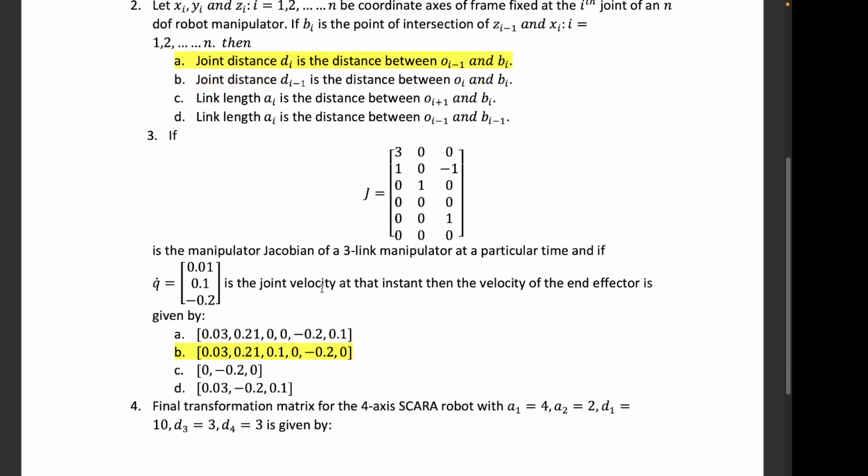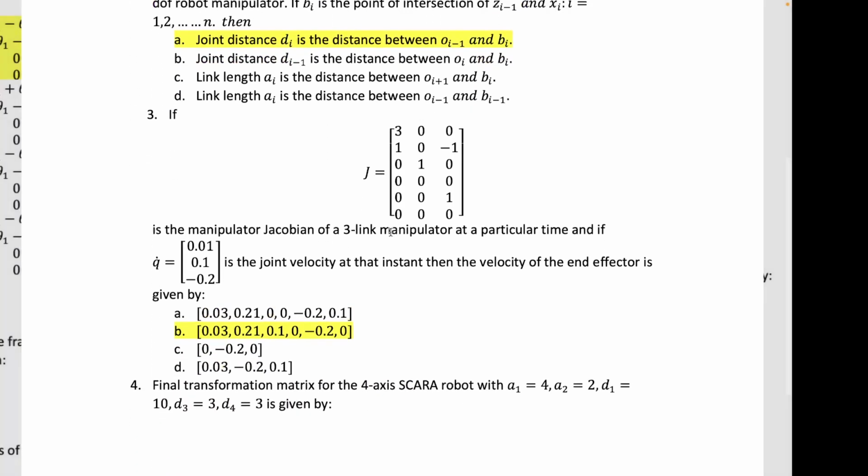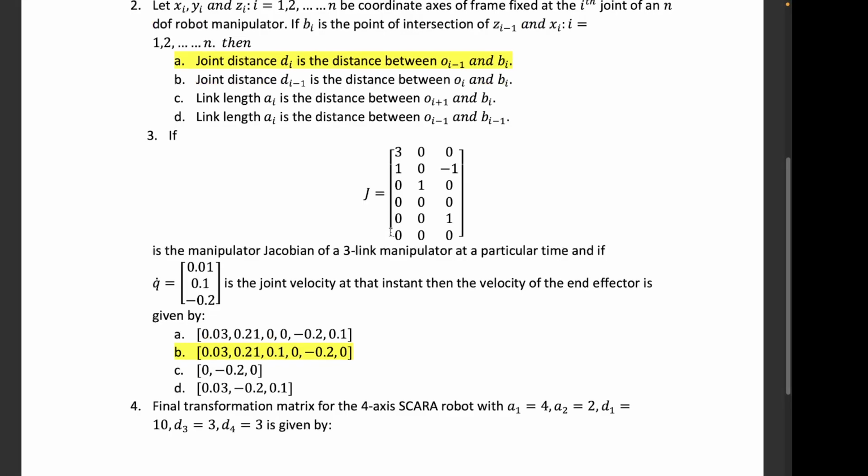The next question is again about the Jacobian matrix, and it's a 3-link manipulator. We have q dot, the joint velocity. Basically it's the rate of change of the 3 angles. And why are there 3 angles? Because it's a 3-link manipulator, so it's described by 3 angles.